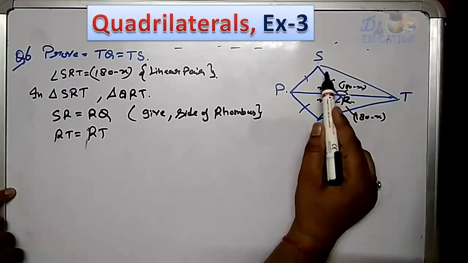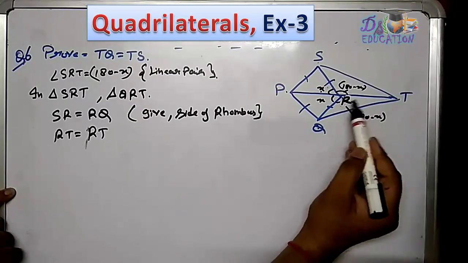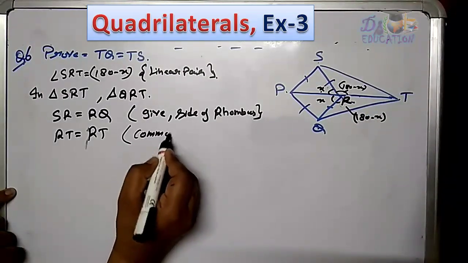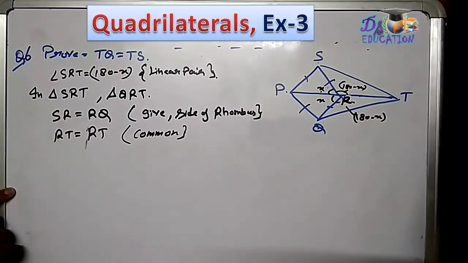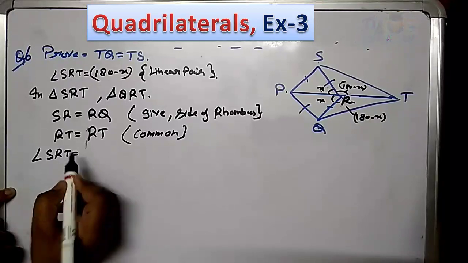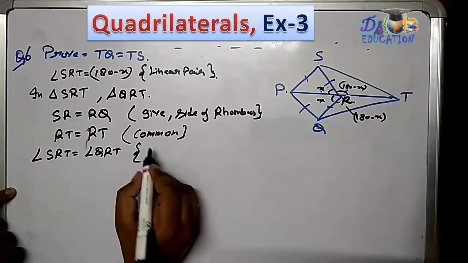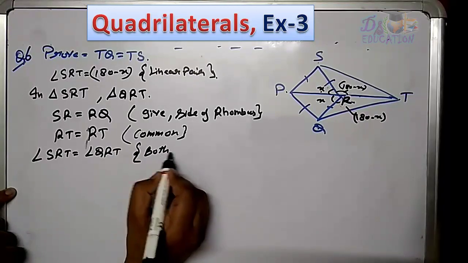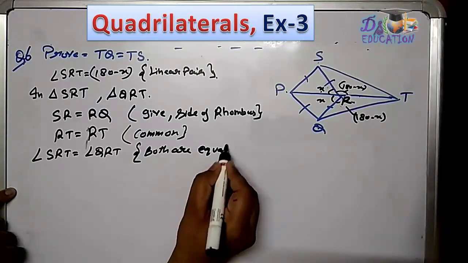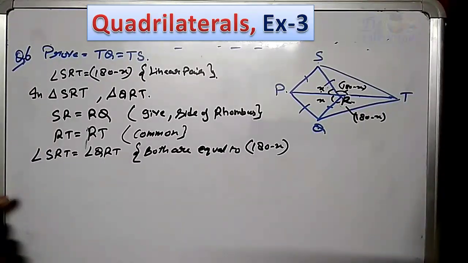RT is common to this triangle also, and RT is common to this triangle also. So I will write here, common. Next, angle SRT is equal to angle QRT. Both are equal to 180 minus x. Just now we have solved it.